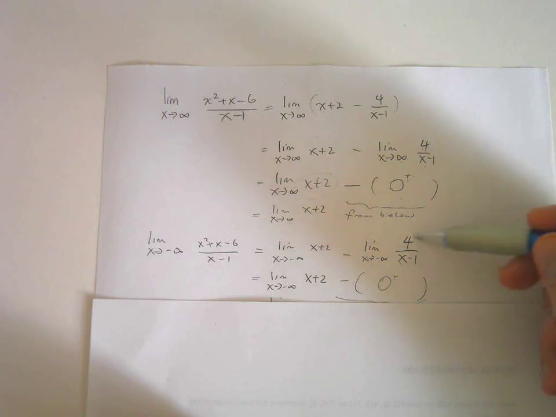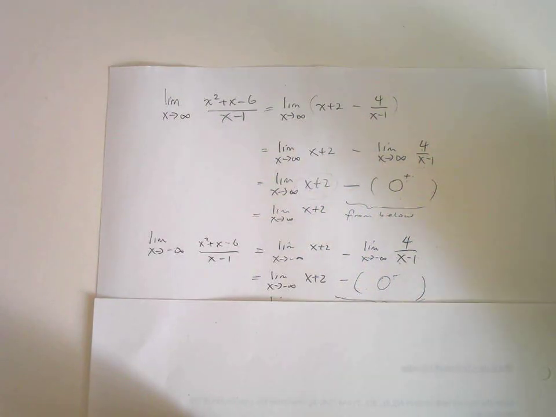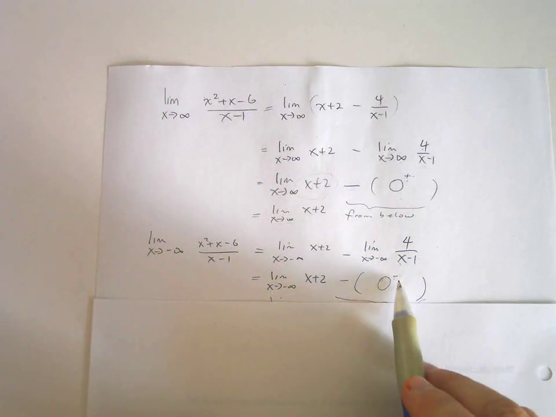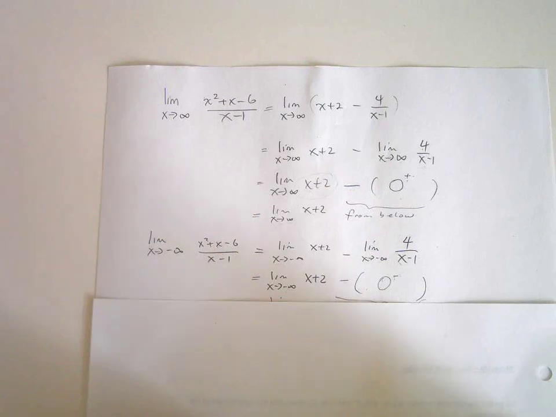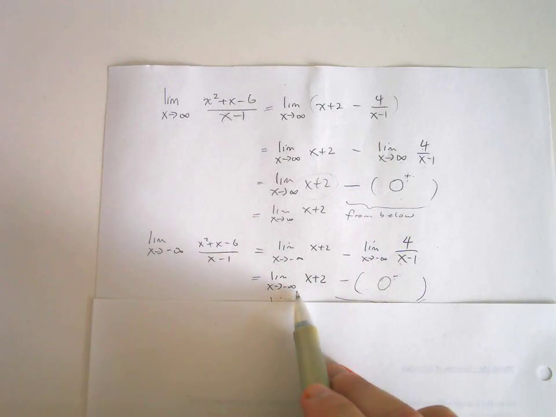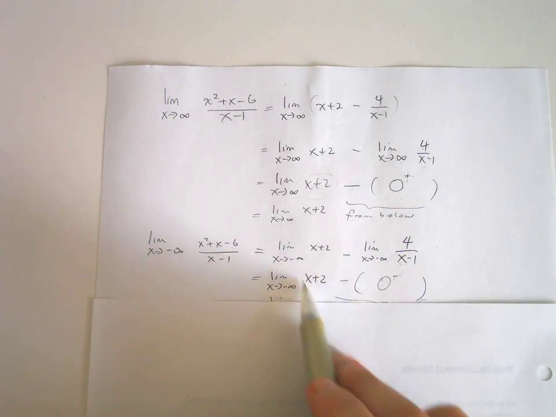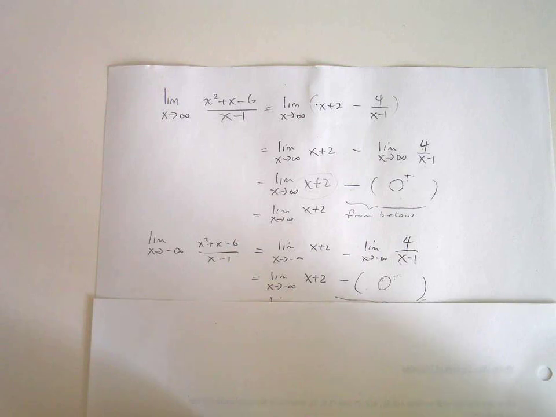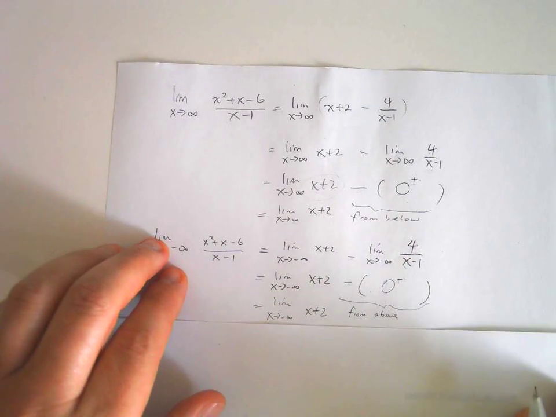So this thing is going towards 0, but I've got a positive divided by a negative number, so it's going to be a negative number that I'm subtracting, which means if I subtract a negative number, I'm really adding. So towards negative infinity, this function is going to start tending towards x plus 2 plus a little bit, because of the negative negative. I'm going to be adding a tiny bit. So if I'm adding a tiny bit, it's more than x plus 2. So this is actually showing it from above.